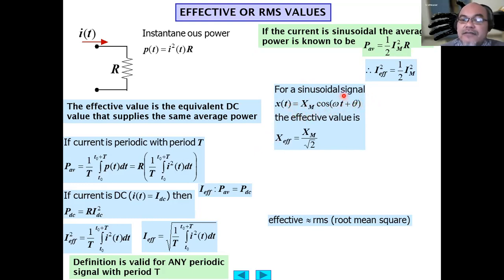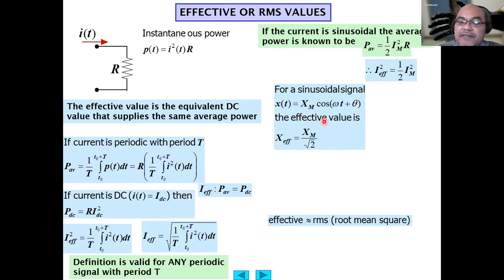If we have derived that the average power P_AV equals half Xm squared, then the effective value squared, I effective squared, equals half of Im squared, and the effective value is the square root of this.